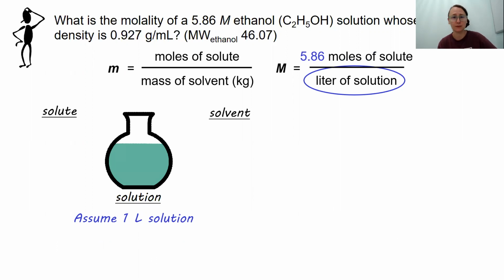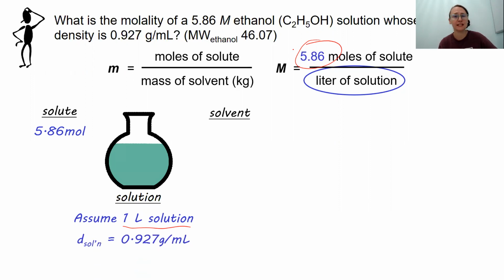We are given a molarity, so let's assume a convenient quantity. The convenient quantity is always the denominator of the unit you are given, not the one you're looking for, but the unit you're given. So if we have a liter of solution, it is very easy to assume 1 liter of solution. That means we have 5.86 moles of solute in that 1 liter of solution.